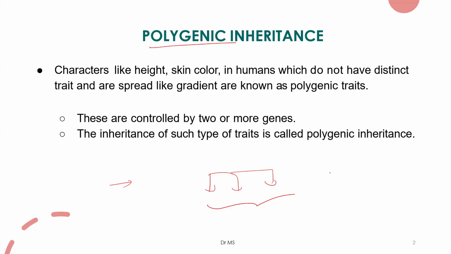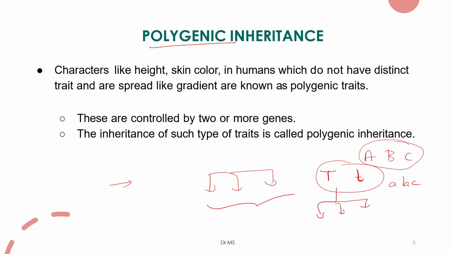Understood? Generally we know either the dominant input or recessive input should be there, and that will finally give the output. But you have more than one input here. You have A, B, C, these are the dominant traits, and small a, small b, small c, these are the recessive traits. So here the multiple dominant traits give the blended result of the output.